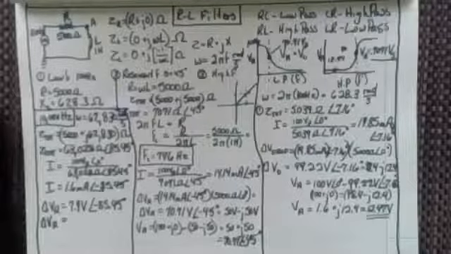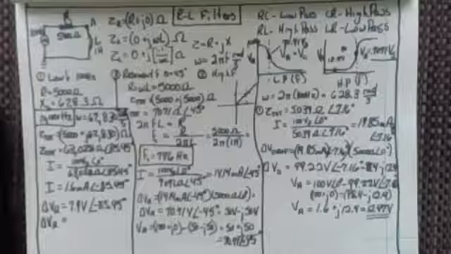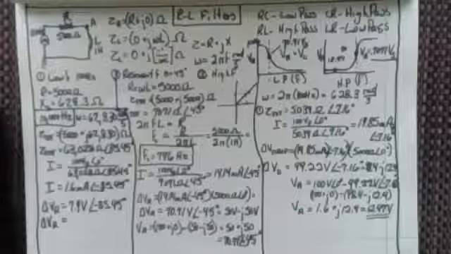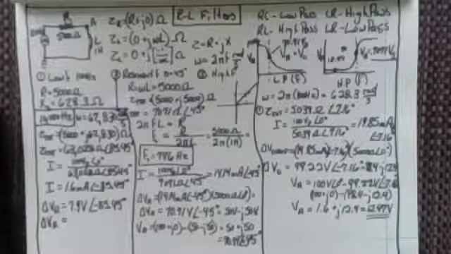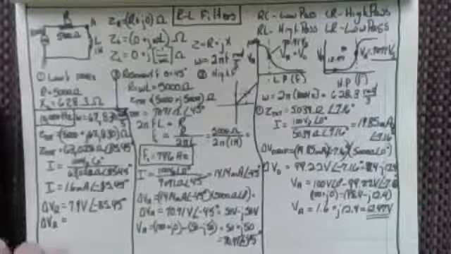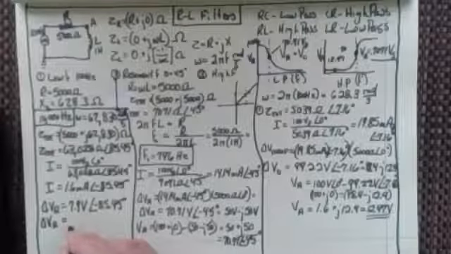So 7.9 times the cosine of 85.45. And why do I say 85.45? Because the cosine of minus 85.45 and positive 85.45 equals the same thing, doesn't it? So 7.9 times the cosine of that equals 0.623.